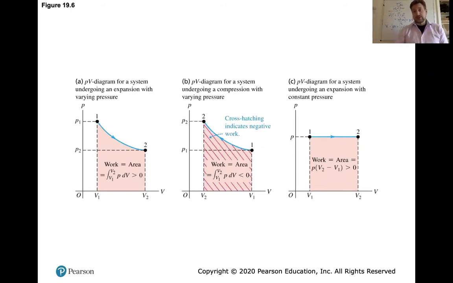Here's another example of the process we just talked about. A constant pressure expansion is just a rectangle because we factor out P and then we're just integrating dV, so we get the pressure times the change in the volume.